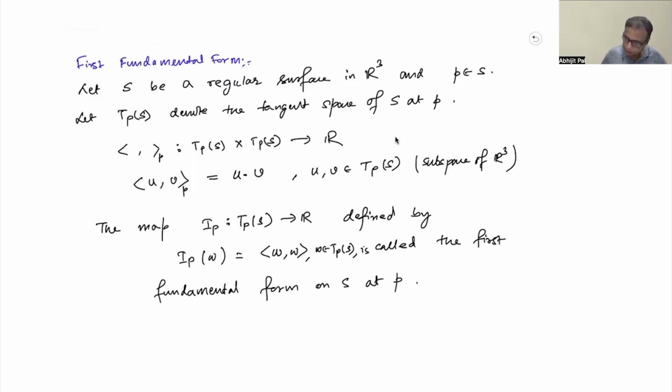Note that IP(W) is always greater than or equal to 0 because the inner product is positive semi-definite, and IP(W) is equal to 0 if and only if W is equal to 0.